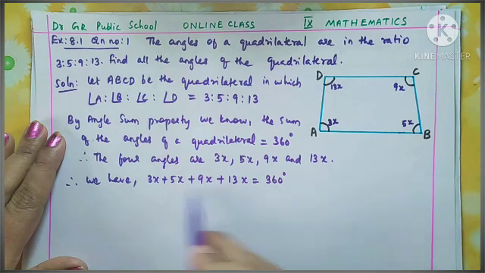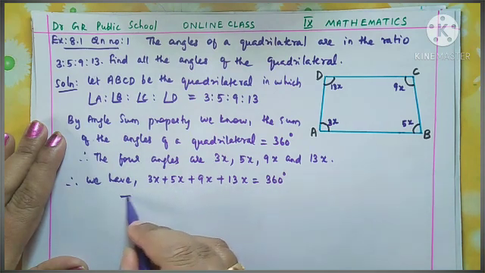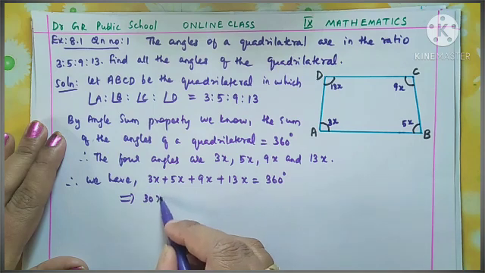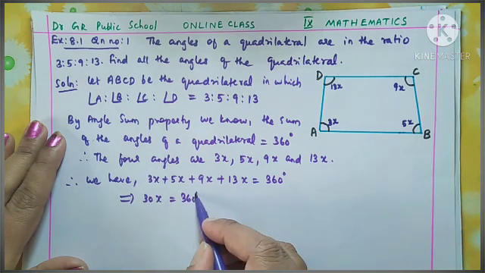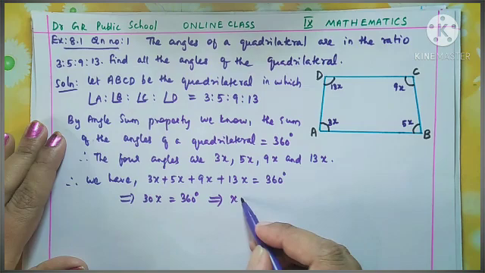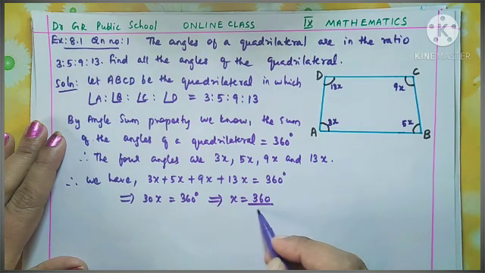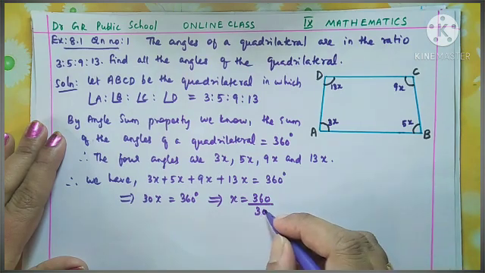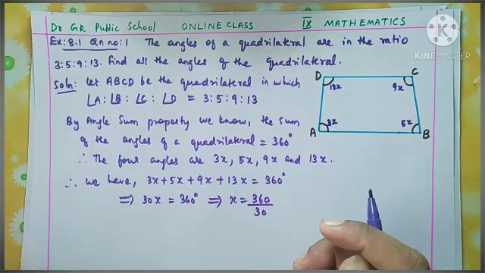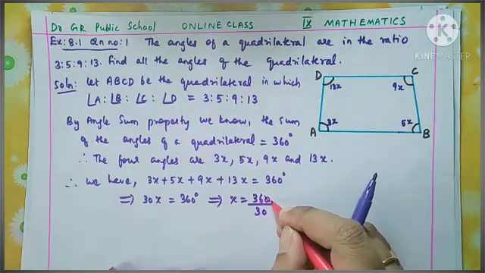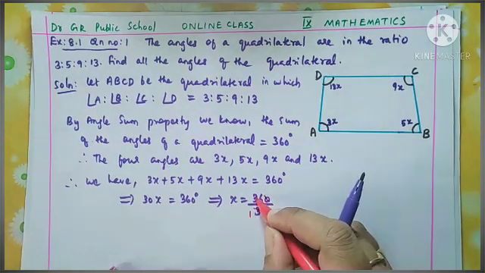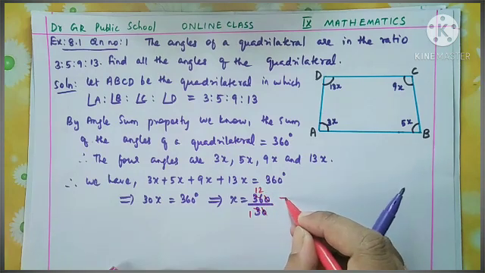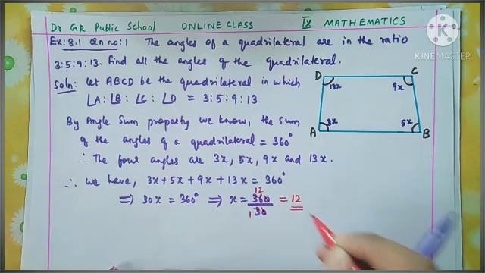When you add 3 plus 5 plus 9 plus 13, you get 30. So 30x is equal to 360 degrees, which implies x is equal to 360 by 30. You can cancel the zeros: 3 12s are 36, and your x value is coming 12.